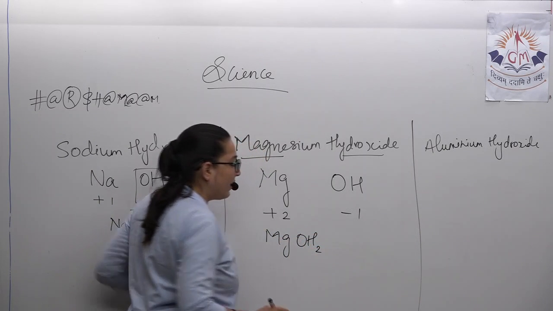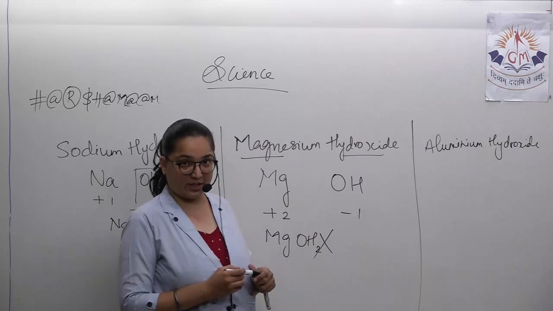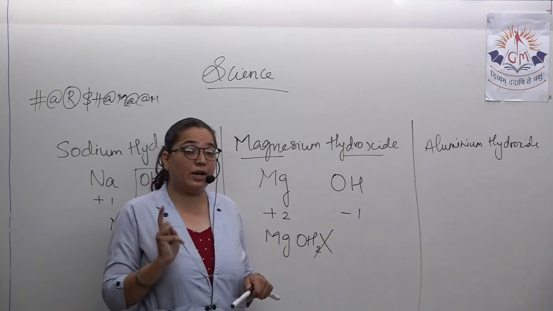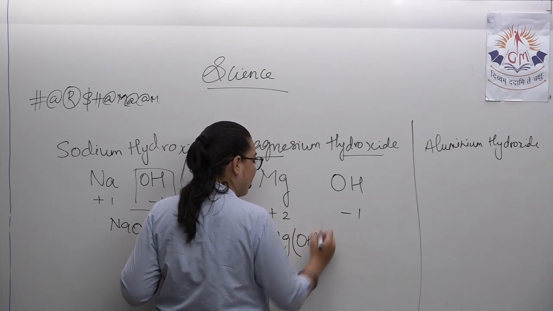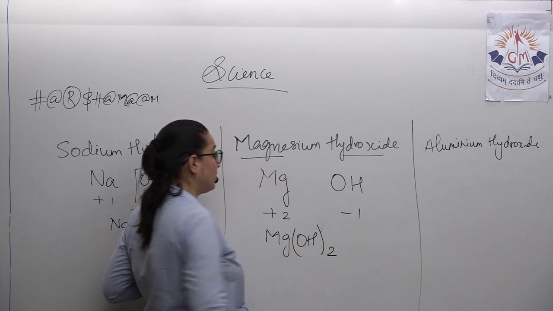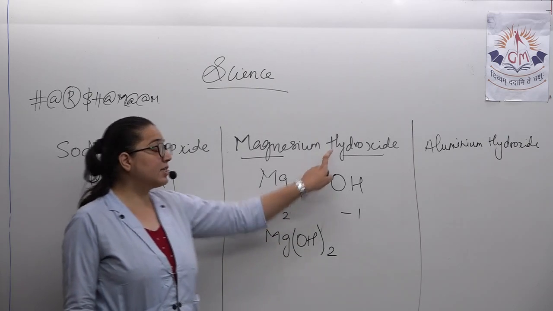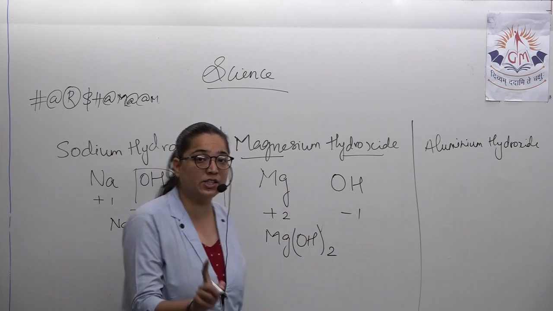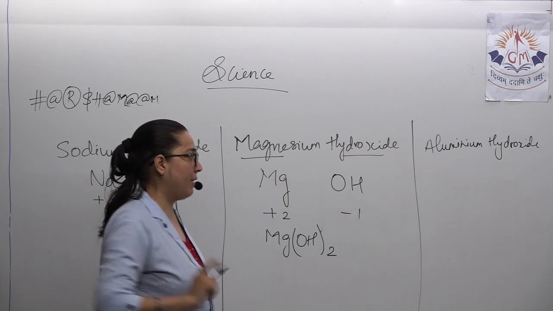They write MgOH2. No, wrong way to write. Whenever you have a polyatomic ion, you have to always enclose it in brackets. So you have to write Mg(OH)2. Why? Because it is a polyatomic ion. Always remember, polyatomic ions should be mentioned in a bracket.